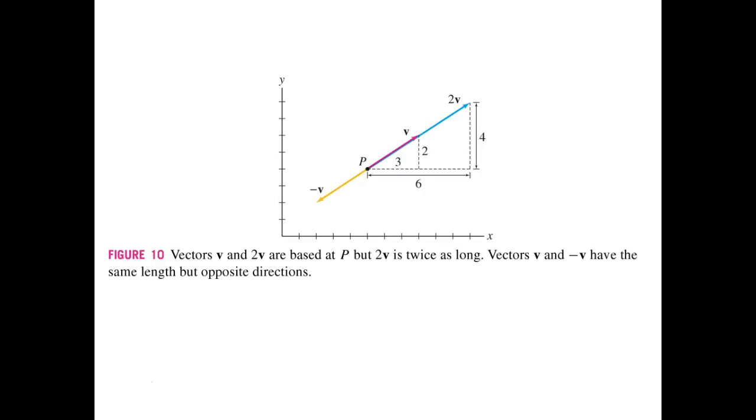This is V, add another V to it, and that gives you 2V. That's the blue vector, twice as long, same direction. Negative V would be the same magnitude, but going in exactly the opposite direction. That is negative V. All right.